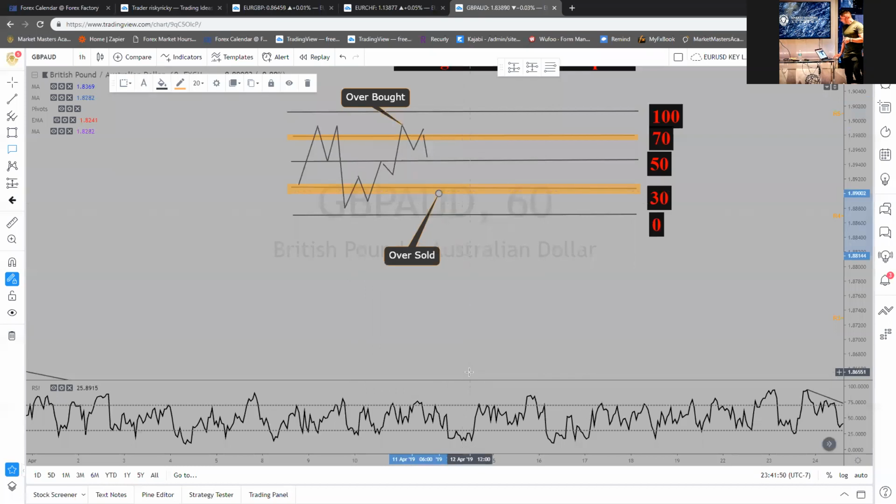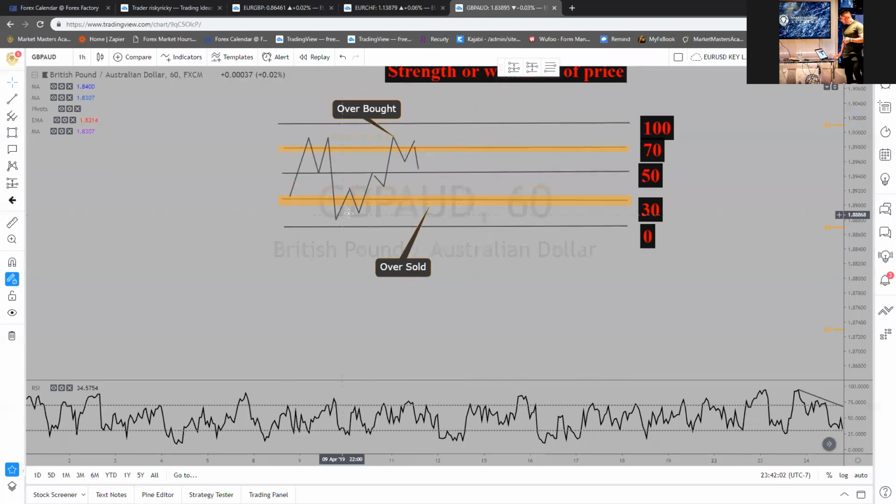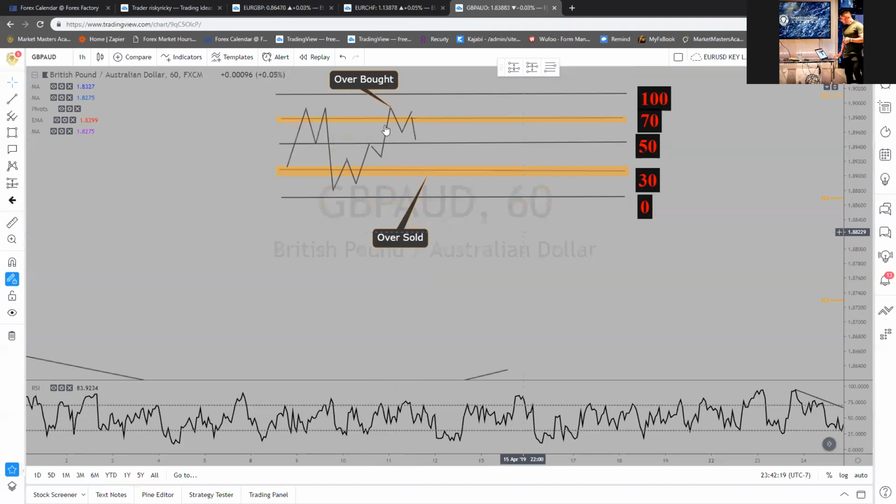At the oversold section, when the price is down here, it's getting ready to rally up. So when the price is down here and it's showing you signs that it's going up, that means price is getting stronger and getting ready to go up. When it's at the overbought section, price is ready to get weaker pretty soon. So it usually goes from overbought to oversold to overbought, and it just keeps going back and forth.